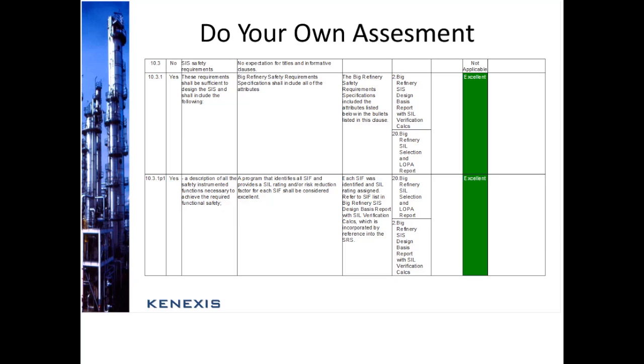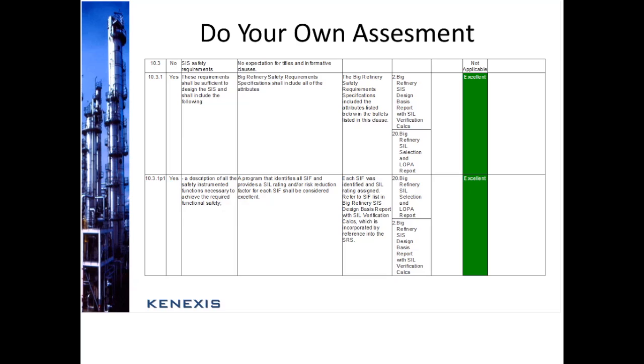And then where the document is located, the name of the document, the part in the document, and whether it is good. So you're doing your own review and your own findings, and you're saying, hey, is this good? Is it excellent? Is it acceptable? Is it something missing?